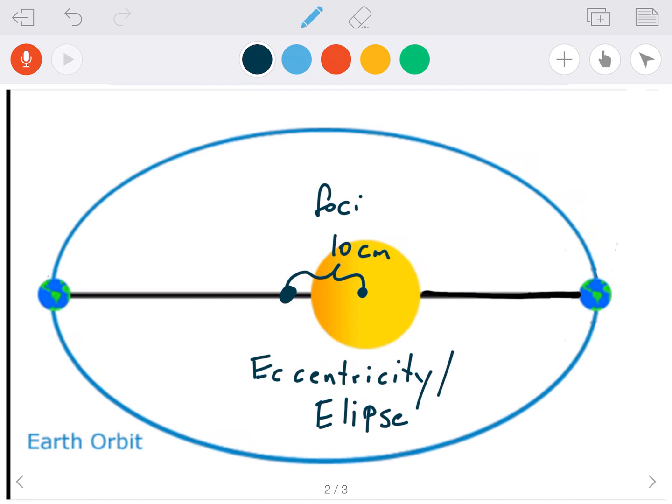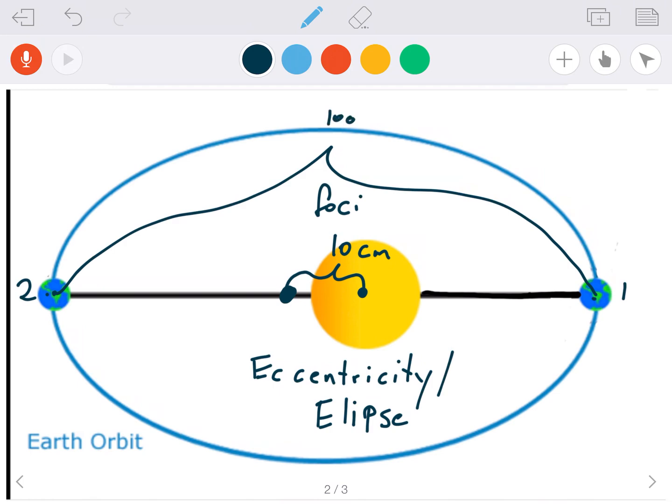Then you would need the length of the major axis, which is when the planet is the absolute furthest away from each other on both sides. So one side is here, second side is there. You would find the distance of that, and let's say this is 100 centimeters, and I'm making all this up because in class you would be using a ruler.